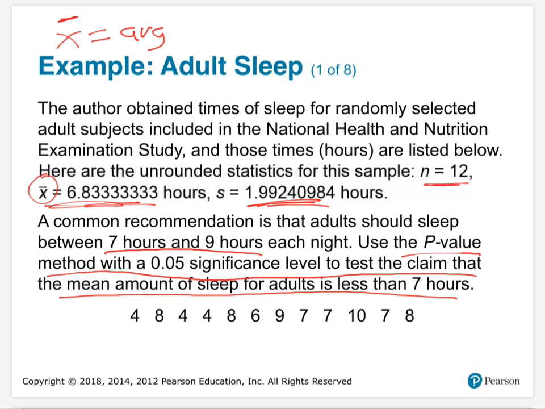So there's a bunch of hours people slept: 4, 8, 4, 4, and so on. The question is, test the claim that the mean amount of sleep for all adults is less than 7 hours.